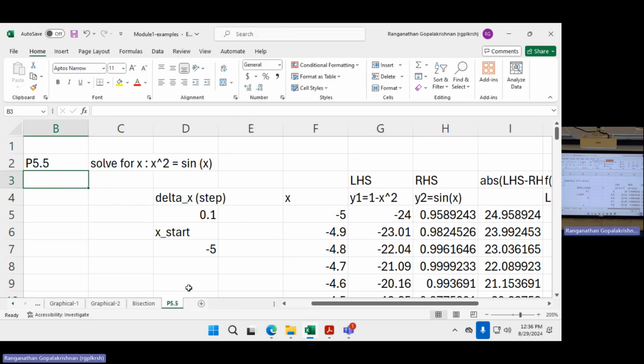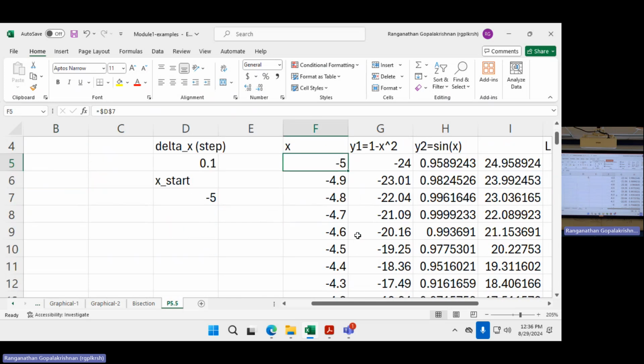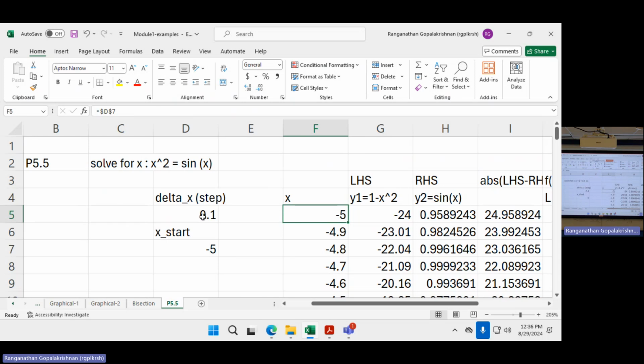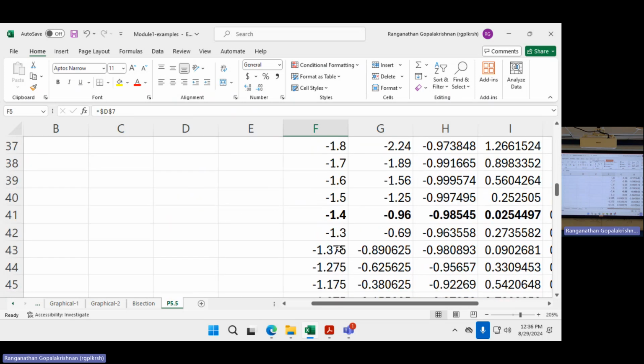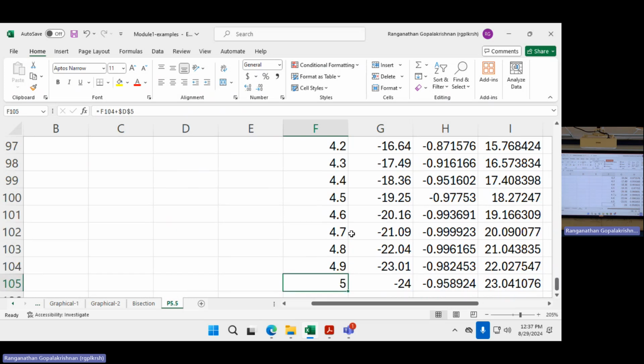Problem 5.5. All right. So we'll try to plot this function again from -5 to +5, and we'll use a step length of 0.1. And remember that your graphical method is supposed to be like a quick first order estimate. You don't have to make it super precise.